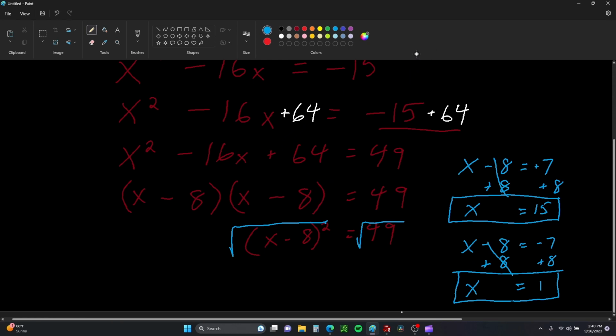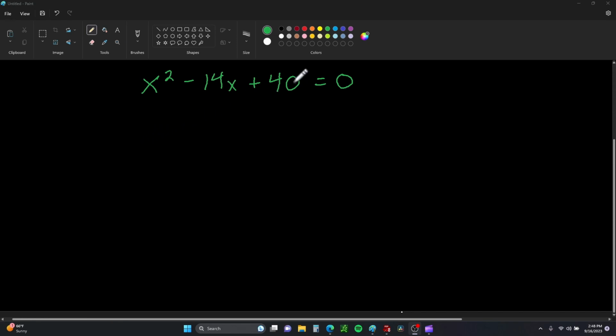Let's look at a third example. In this example, we have it in standard form, but I need to have the c value moved over to the other side because this is where we're going to put the perfect square. So I start over by writing x squared minus 14x.